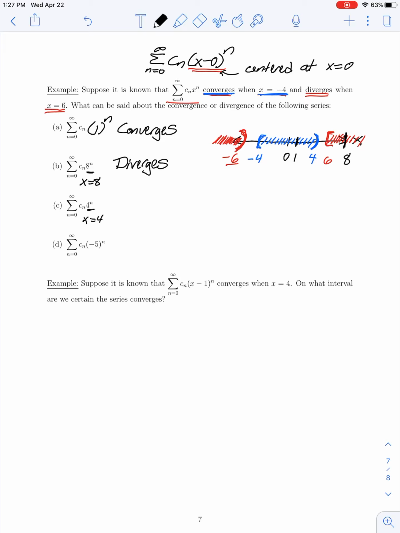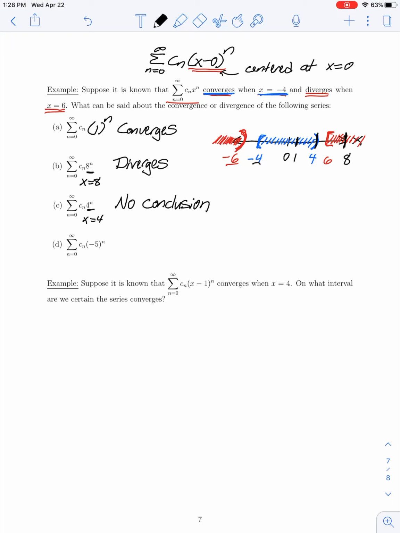So here x is equal to +4, that is this right endpoint. And remember here that we could not say for sure whether that right endpoint was included or not. Just because the left endpoint of -4 was included does not mean we can say anything about the right endpoint with certainty. So here I can make no conclusion.